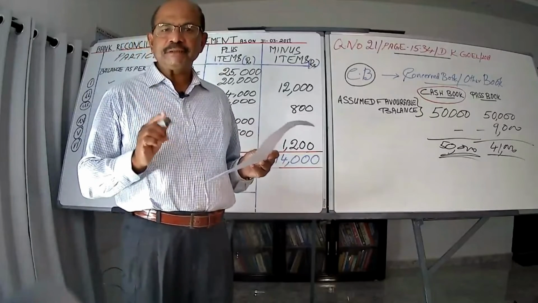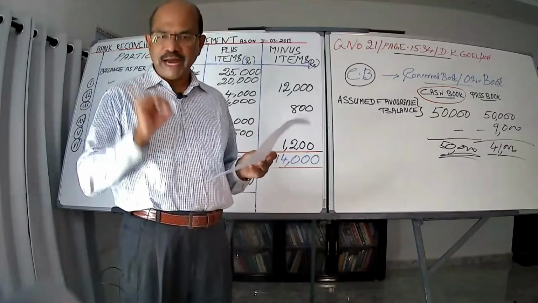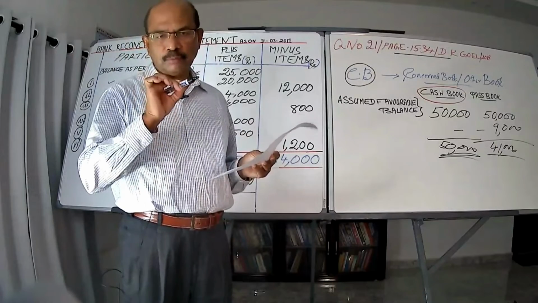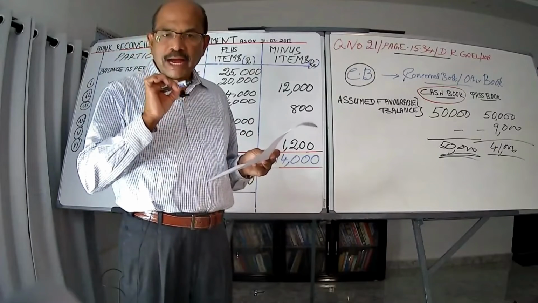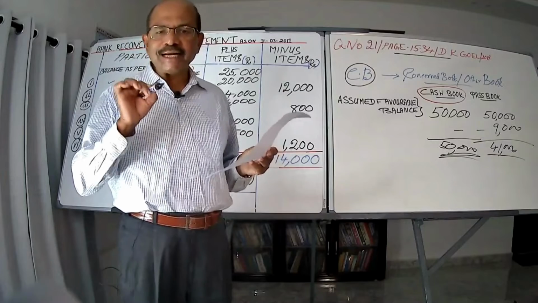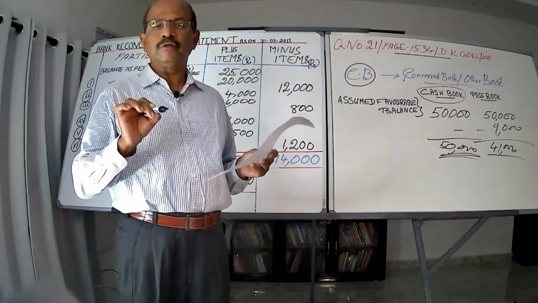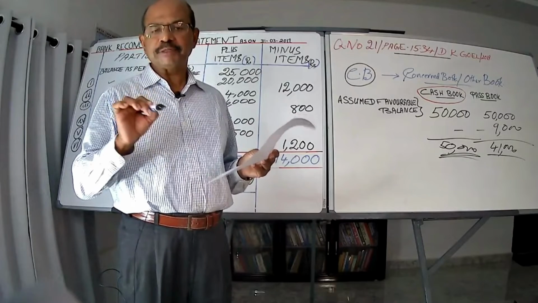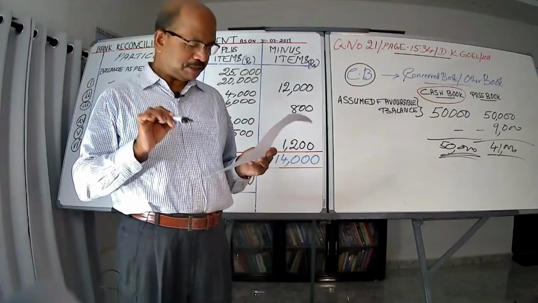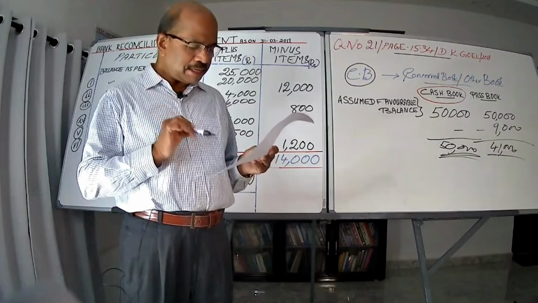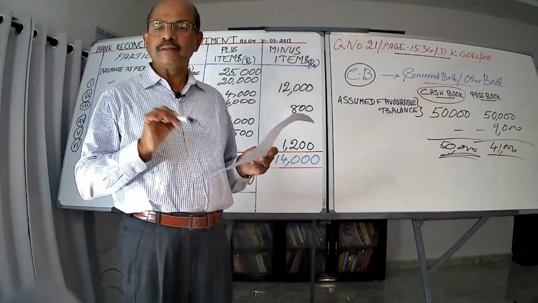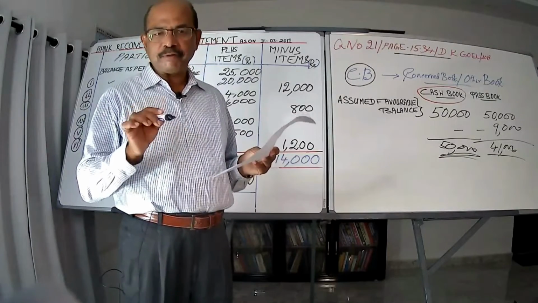Just keep it in mind. In the cash book, when I debit, my balance goes up. Cash book has an opposite relation with the passbook. So when I debit, bank is expected to credit and vice versa, right? Bank has debited means it is a question of an unfavorable thing.